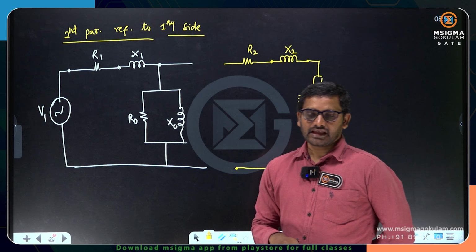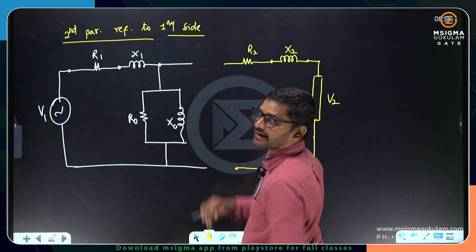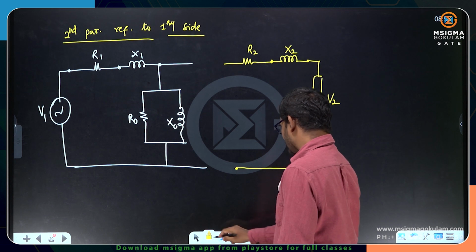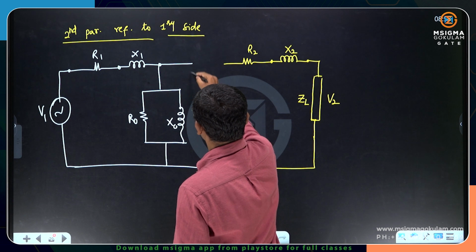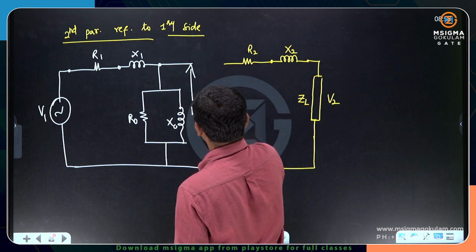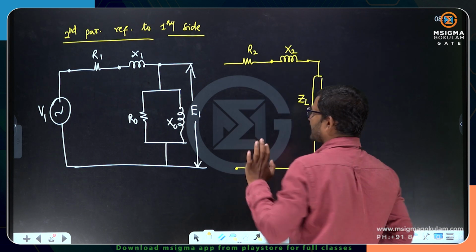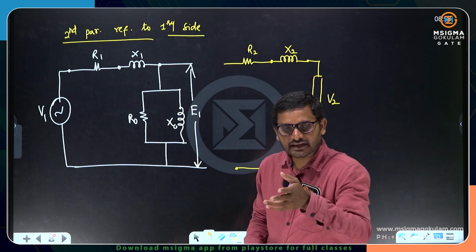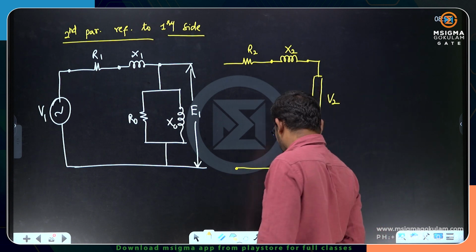All right. Now what I am doing, I am transferring these secondary parameters onto the primary side. What is the voltage at this point? The voltage across the no load branch parameter is how much? E1. Okay. At what voltage are these secondary parameters operating before transferring? They are operating at E2 voltage.